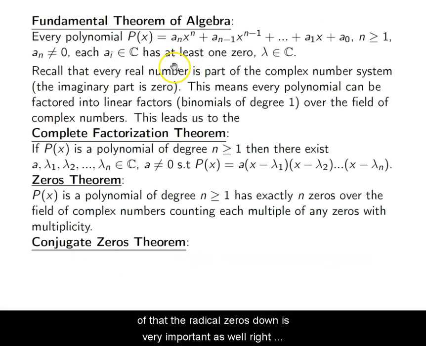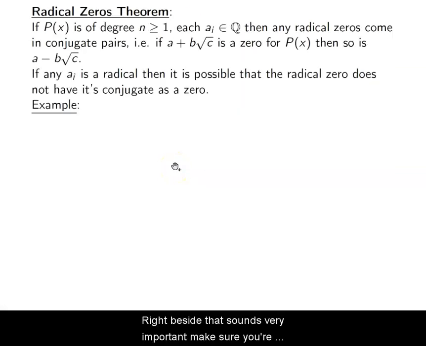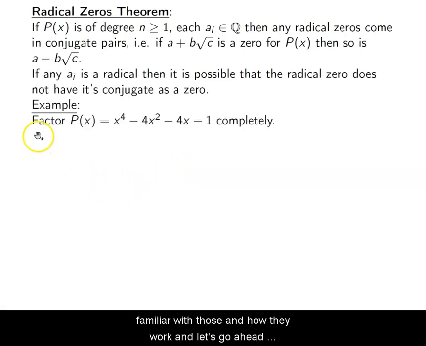So we prefaced this with these 5 theorems. Make sure you're familiar with those and how they work. Let's do some examples, okay? Basically what this allows us to do is very similar to what we did before, which is to build a polynomial if we're given some zeros and we have some restrictions on the coefficients, right?